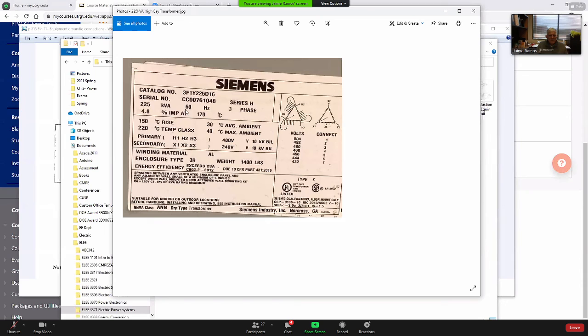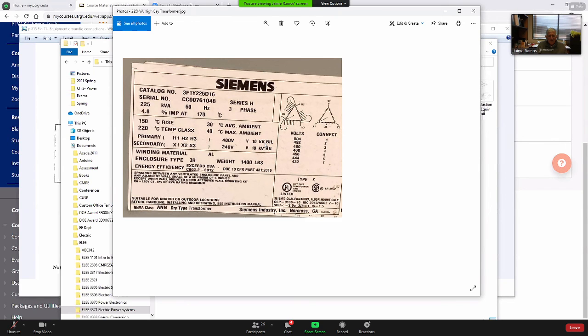The voltages, okay, so three phase. Okay, so then here are the connections. We have delta to delta. So then delta primary, H1, H2, H3, 480 volts, 10 kV BIL.